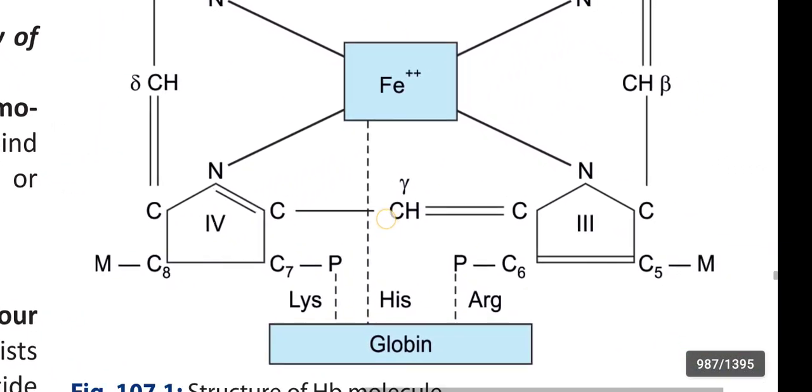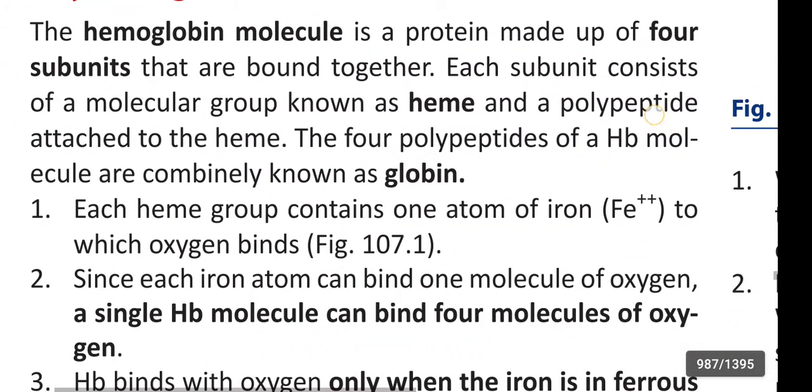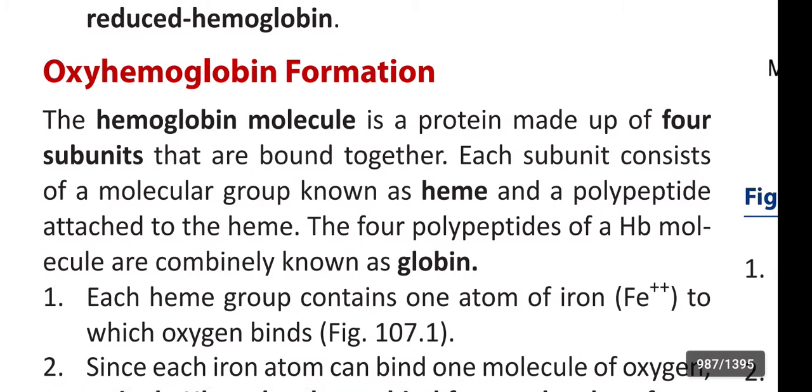This is the structure of the hemoglobin molecule. See here, each subunit consists of a molecular group known as heme and a polypeptide attached to the heme. The 4 polypeptides of a hemoglobin molecule are combinedly known as globin.